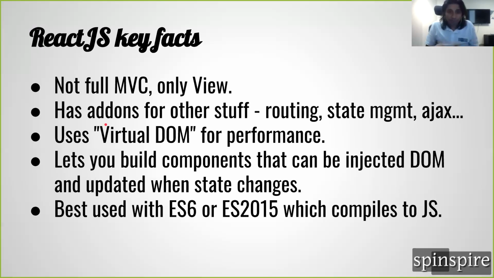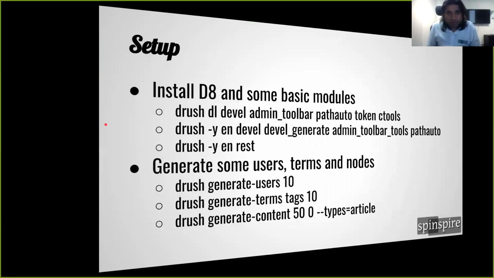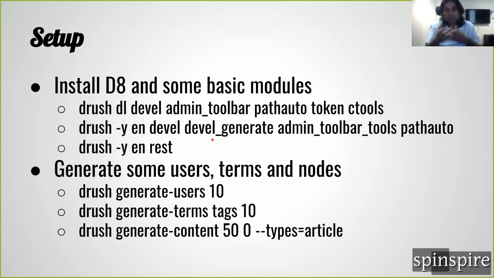All right, let's go further. Let's see how you will get started. Once you git clone this repository, or even independent of this, you would basically want to have some certain modules on your Drupal backend.